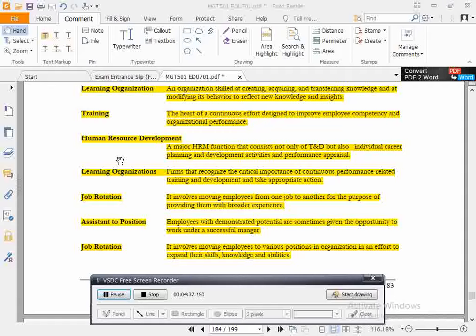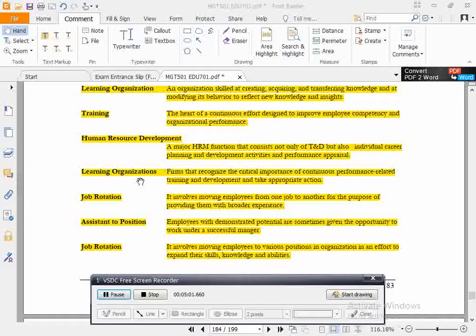Human resource development, HRD, is a major HRM function that consists not only of T&D, training and development, but also individual career planning and development activities and performance appraisal.